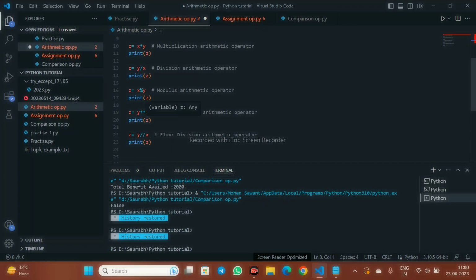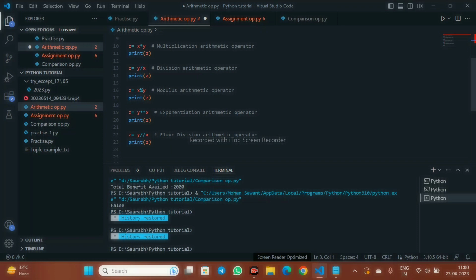And the next one is exponent. That means exponential arithmetic operator. One important basic arithmetic operator in Python is the exponent operator. The symbol is double asterisk. It takes in two real numbers as input arguments and returns a single number.